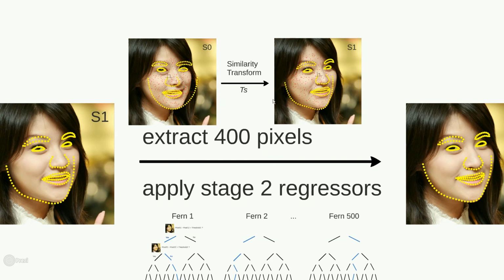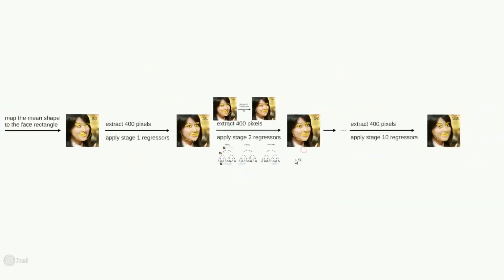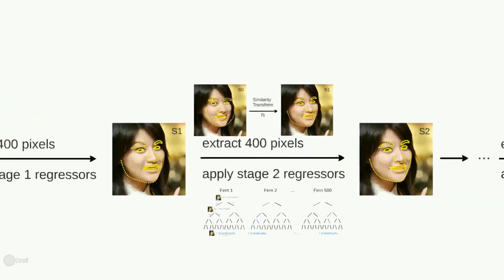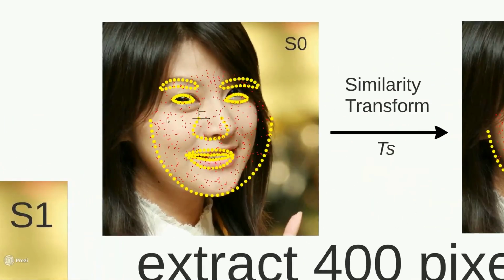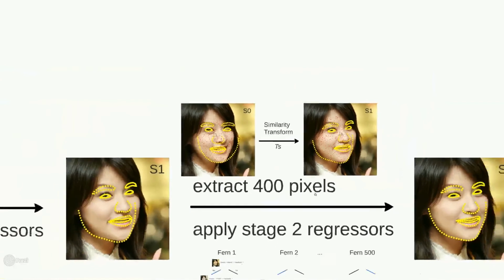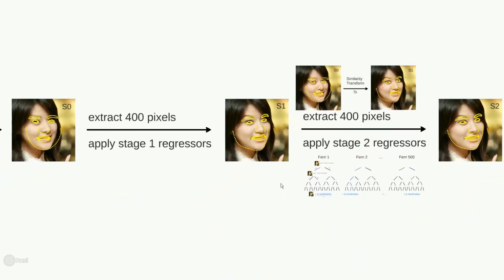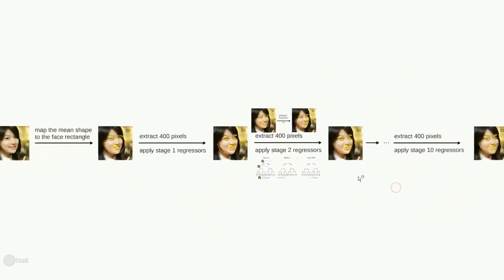Now this is different because before, in the one-level type of method, the pixels would only be mapped according to the mean shape and only once. But now it's going to be mapped according to the shape of the current stage. So this way, these 400 pixels will be much more relevant than in the one-level method. And this is why this method is more accurate and achieves better results.